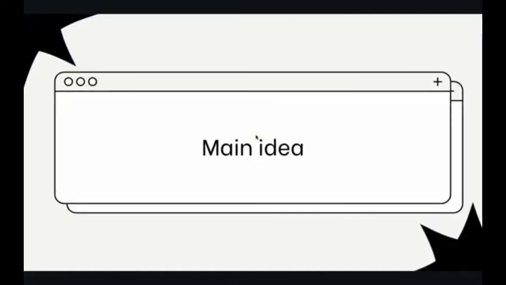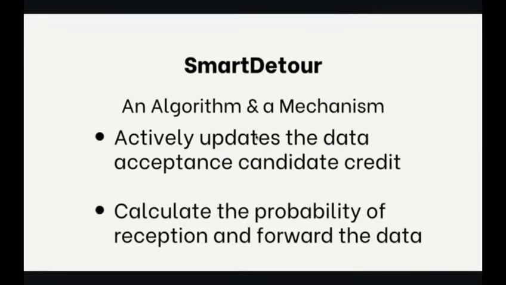Then, let's talk about the main idea. There are some limitations of the current mitigation approaches. One method is to transfer data packets by success rate. However, dropping interest packets not only affects the node that caused the failure, but also leads to a decrease of the trust level of all nodes that relay the packets, which will lead to unnecessary detours as the trust level of nodes that have the highest efficiency may be lowered.